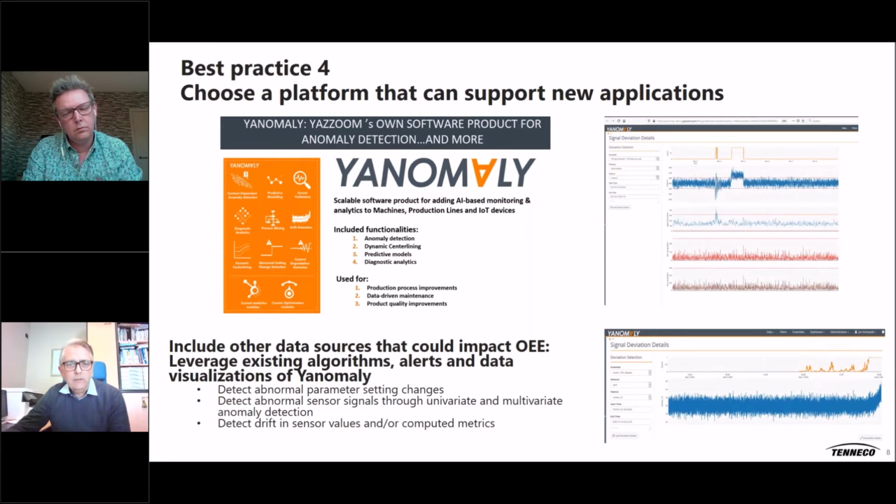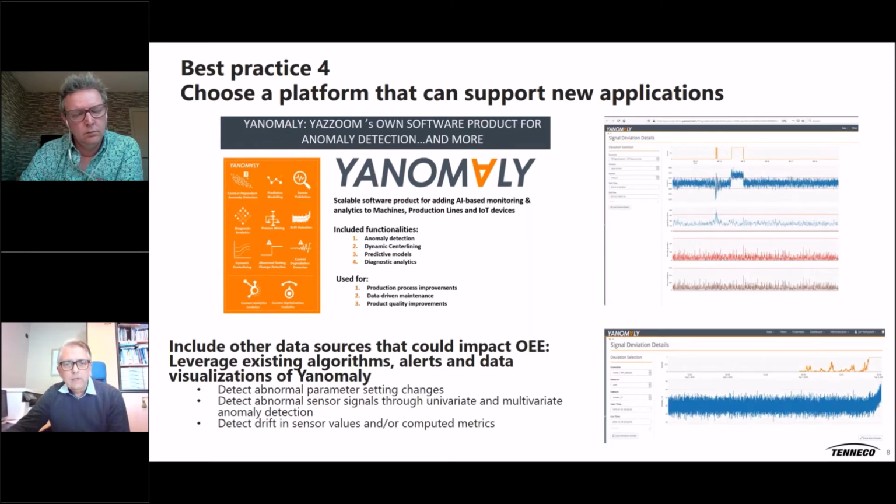This is about detecting that parameters are sometimes changed at unexpected moments, or that certain sensor signals are abnormal, and this through both univariate and multivariate anomaly detection. We can do that. And finally, to detect drift in certain sensor values or in metrics that are computed in our important KPIs.